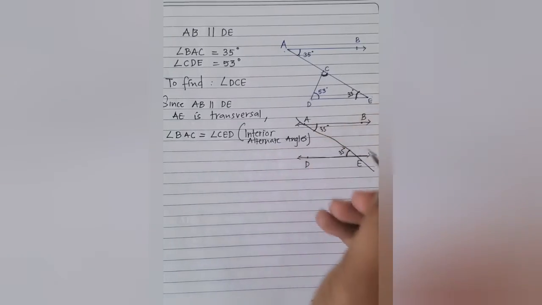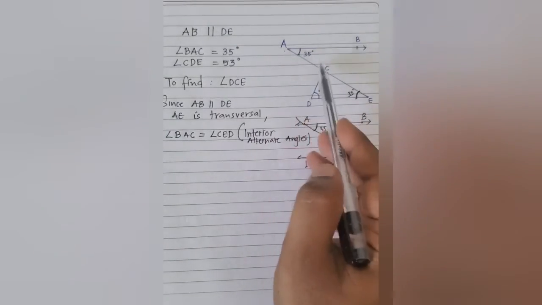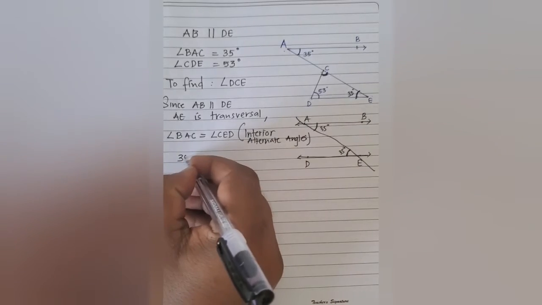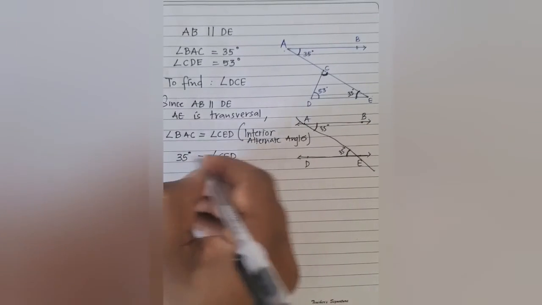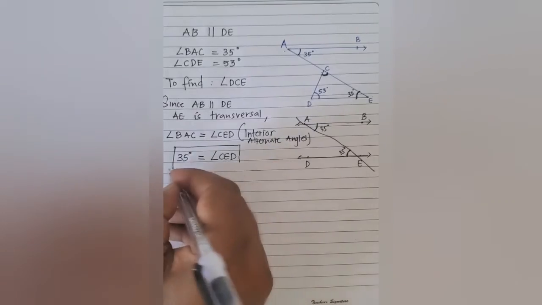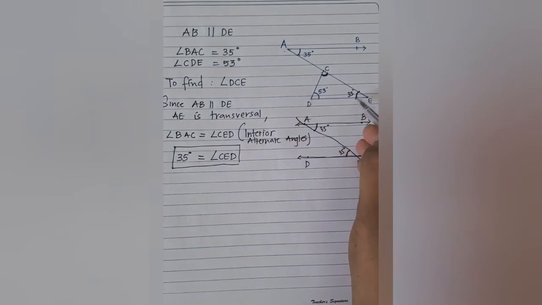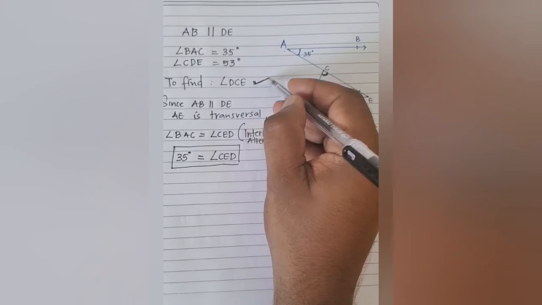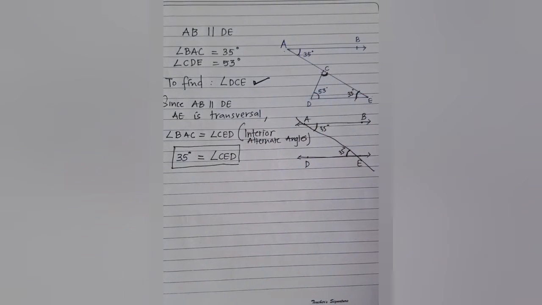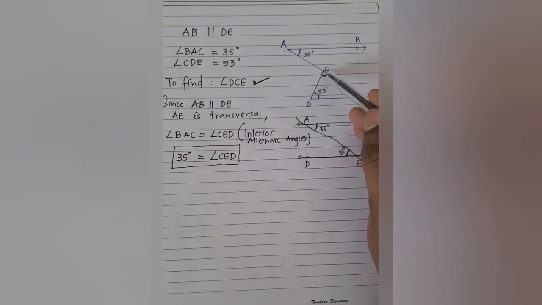So what is BAC? 35. So 35 degrees is the measure of angle CED. So we have found what CED is, 35. But then what are you supposed to find? Angle DCE. Where is DCE? That is this angle.